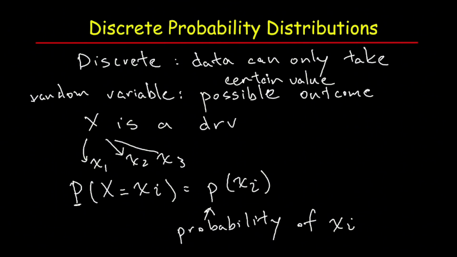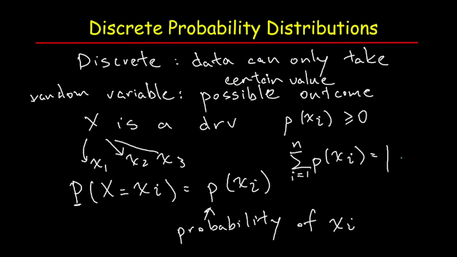So the numbers p(xi) must satisfy the following conditions. First of all, p represents a probability, so for all of the xi's, p(xi) must be greater than or equal to 0. And the sum of all the p(xi)'s from i equals 1 to n must be exactly 1, meaning that all possible choices or outcomes of the random variable x have been considered.